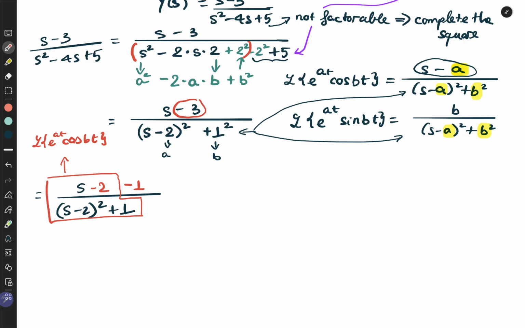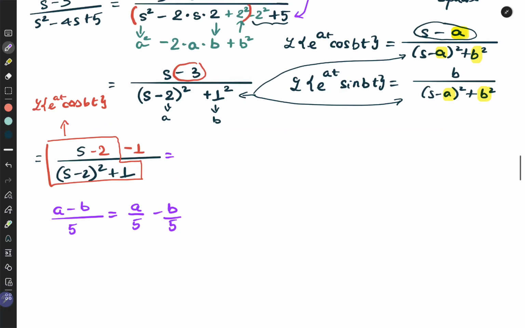To balance with minus 3, we need minus 1. So we're going to rewrite that minus 1 and split this fraction into two fractions. Same idea as this: if I have a minus b divided by 5, with the same denominator I can split it as a over 5 minus b over 5.